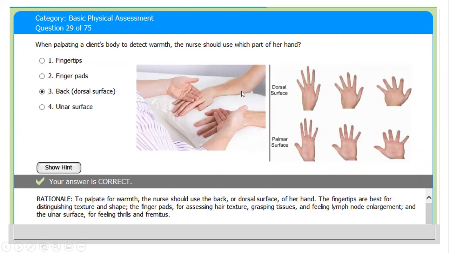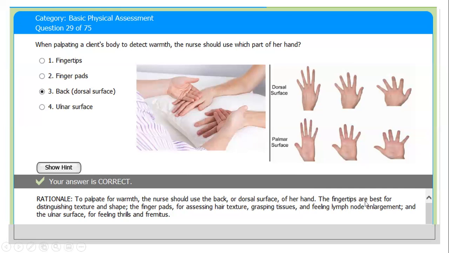In this picture, we can see the back of the hand, which we call the dorsal surface, and the palmar surface we call the ventral surface. Basically, in this picture, the healthcare provider feels the temperature of the patient by the dorsal surface of the hand. What is the rationale? To palpate for temperature, the nurse should use the back or dorsal surface, right?